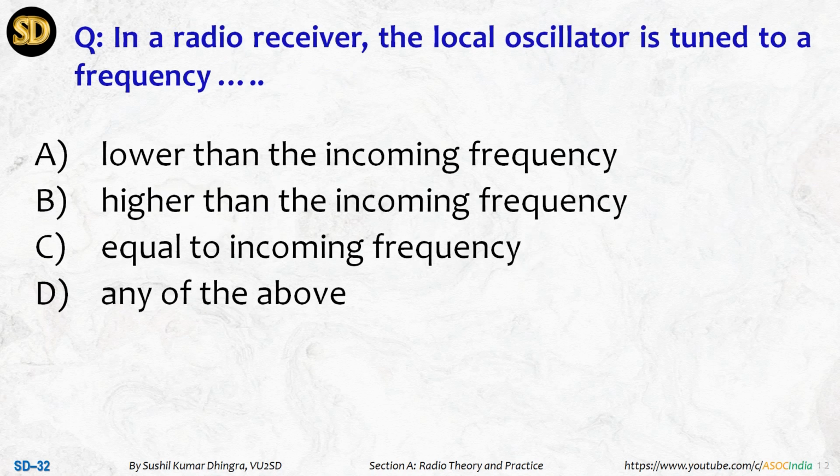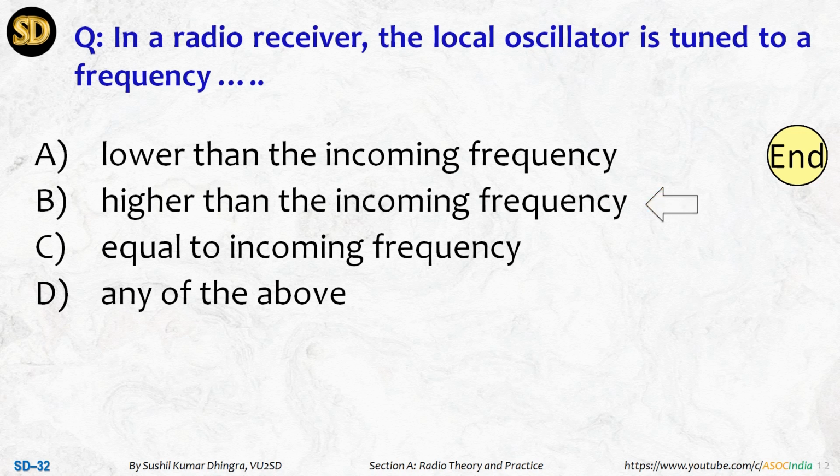Next, in a radio receiver, the local oscillator is tuned to a frequency lower than the incoming, higher than the incoming, equal to the incoming, or any of the above. Time start now. Yeah, higher than the incoming frequency.